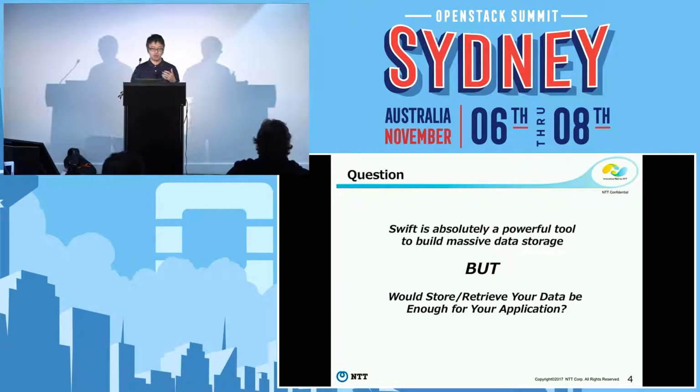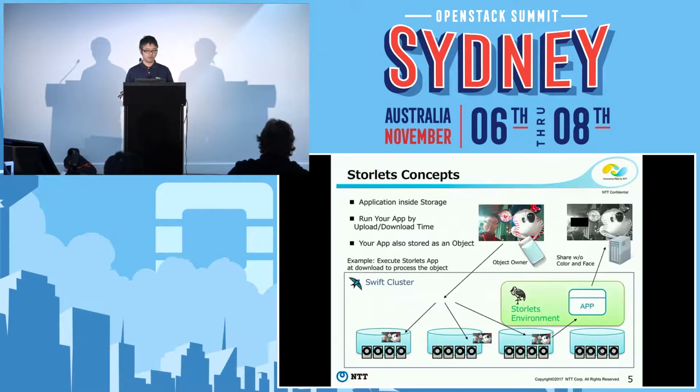Swift is absolutely a powerful tool to build massive data storage, but the question is, is storing and retrieving your data enough for your application? I think sometimes yes, sometimes no.